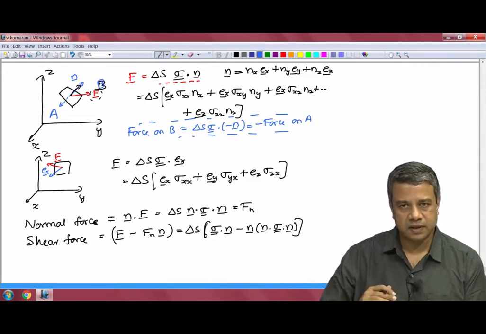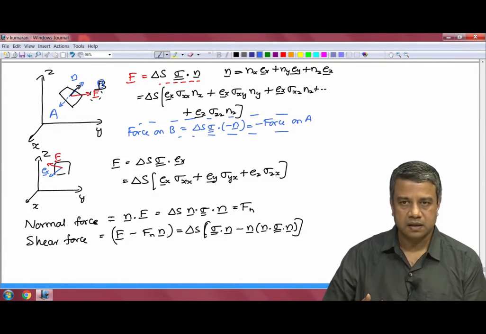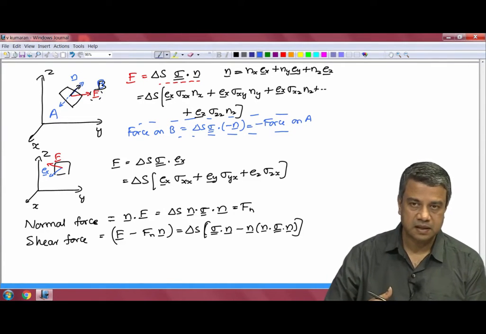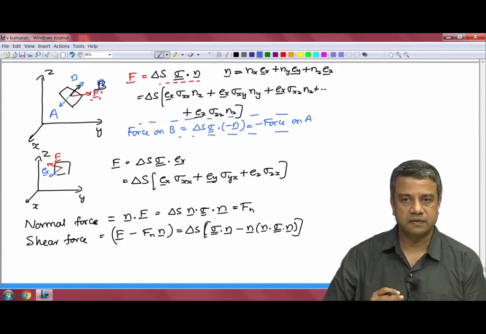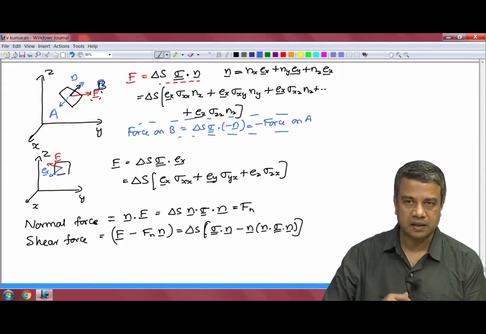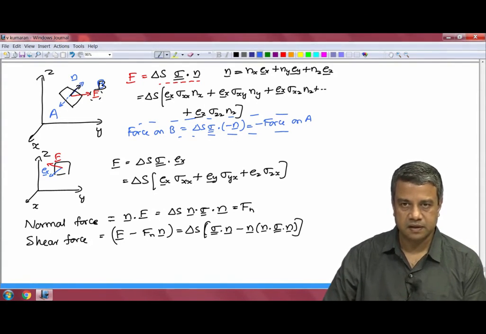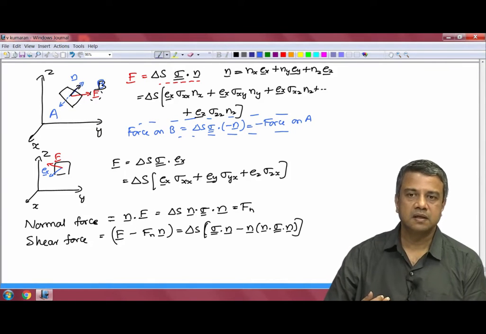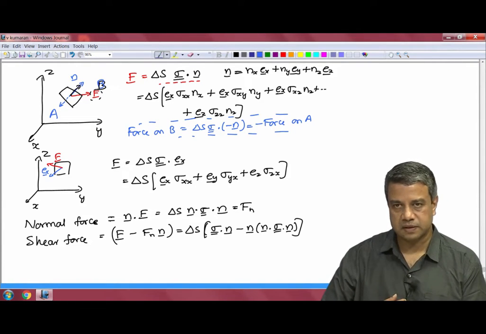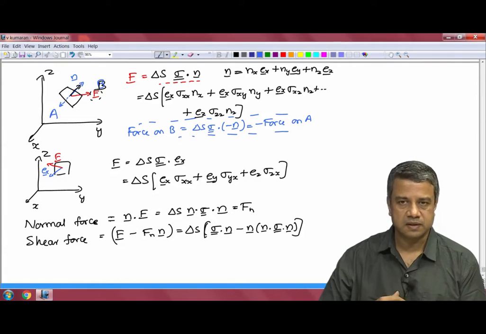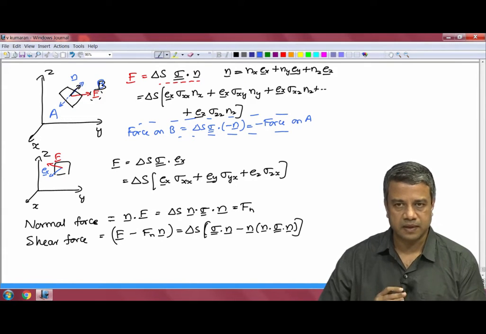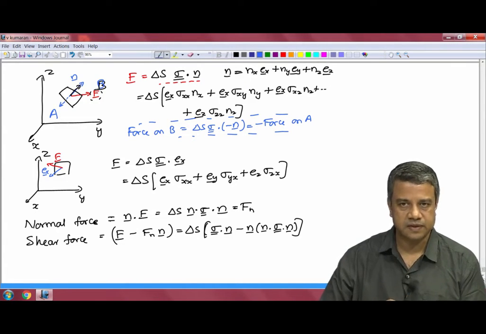The surface for the adjoining volume B has outward unit normal in the minus n direction. The stress at this location is a single valued function, it has a single value. Therefore, the force exerted on the volume A at this surface is the negative of the force exerted on the volume B at this surface, because the directions of the unit normal for these two volumes are negative of each other. Therefore, this satisfies Newton's third law, that the forces have to be equal and opposite on both sides of a surface.